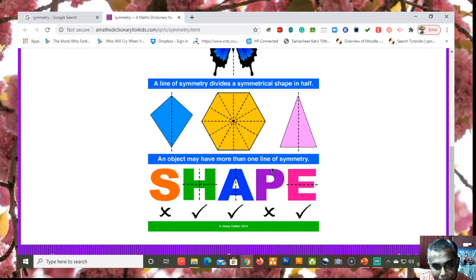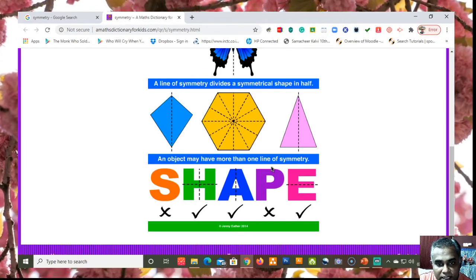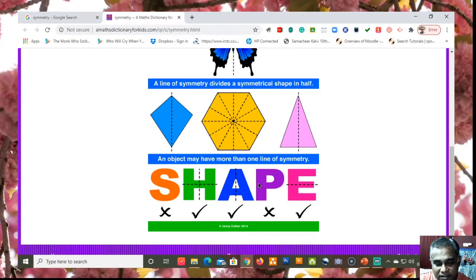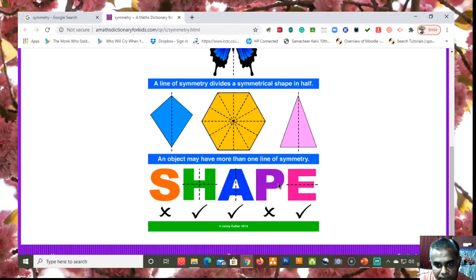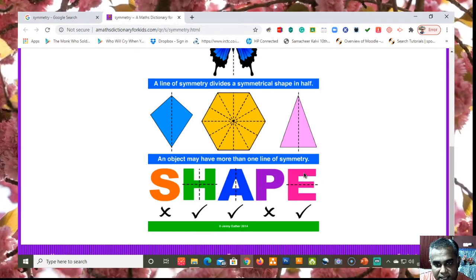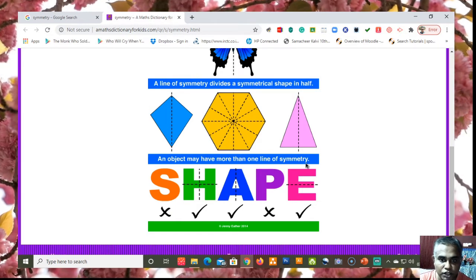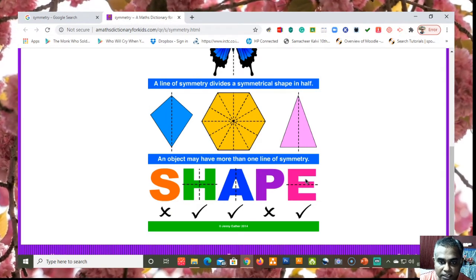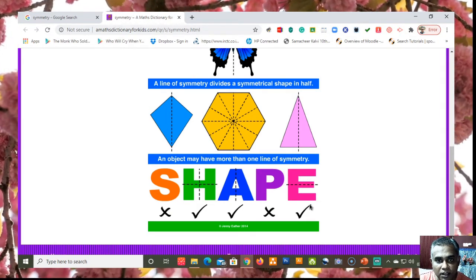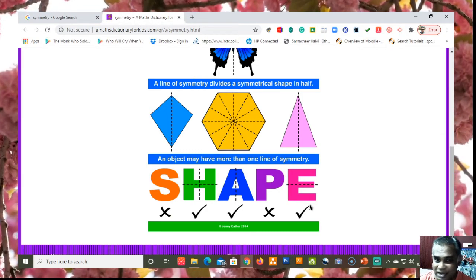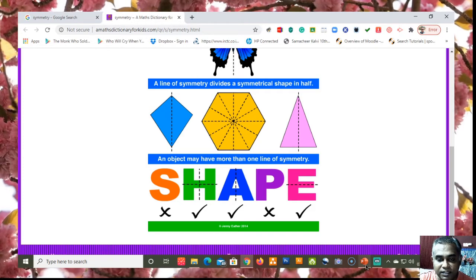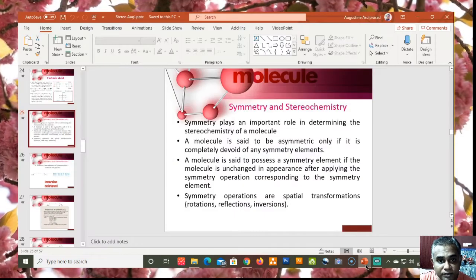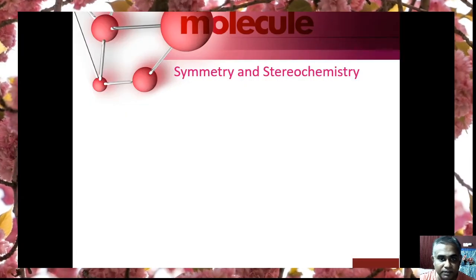And if you take P, it does not have any line that makes it symmetrical. If you take the letter E and draw a line here, then it divides the letter E into two equal halves. So with this idea in mind, let us move on to our topic in stereochemistry, symmetry and stereochemistry.